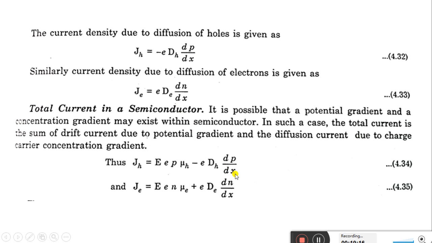If we want to find both currents in terms of holes, the expression will be JH as this one, and if in terms of electrons, then we can write J equals this much. So these are the expressions which we have to derive to find the total current density across a semiconductor material in terms of the drift current and diffusion current.